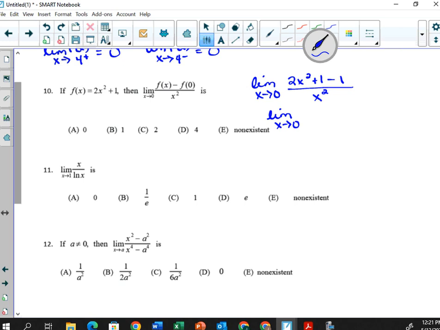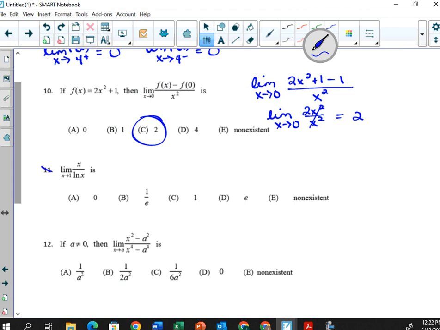What's going to happen with the 1 minus 1? So I've got 2x squared over x squared. Right, x squareds cancel, so there's nowhere even to plug 0 in, but what do I get? 2, which is answer C. Does that make sense? Okay.